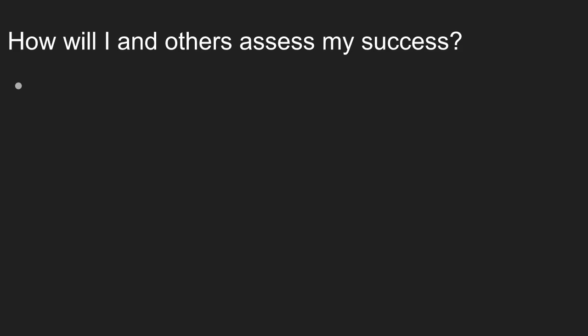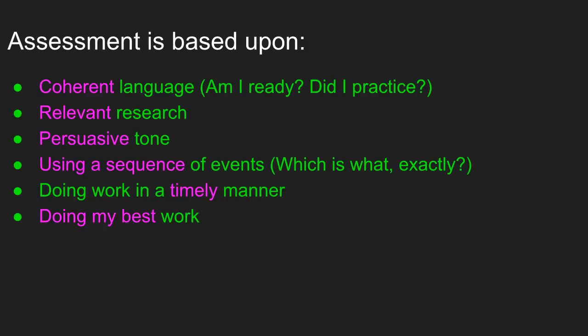So how do you think when you're all done that you and others will assess your success? What do you need to do? Well, the assessment is going to be based upon these things. Coherent language, language that is understandable and makes sense because you've placed it in the right order.